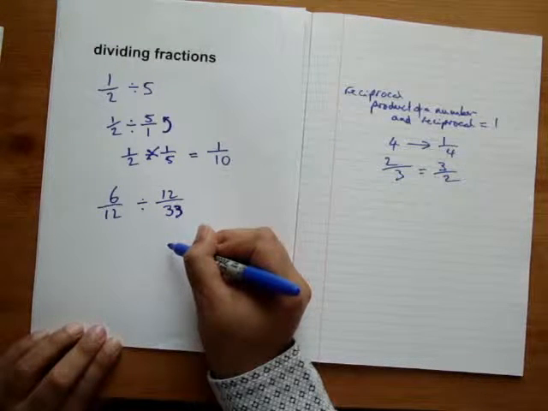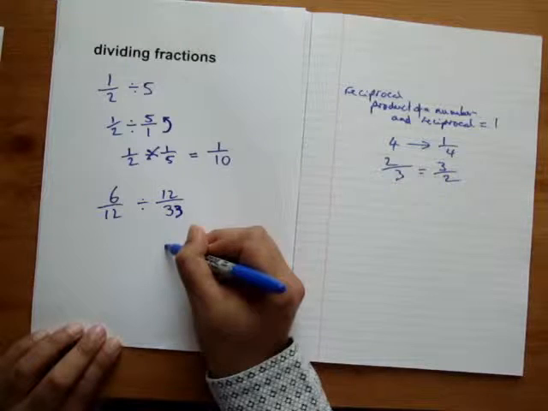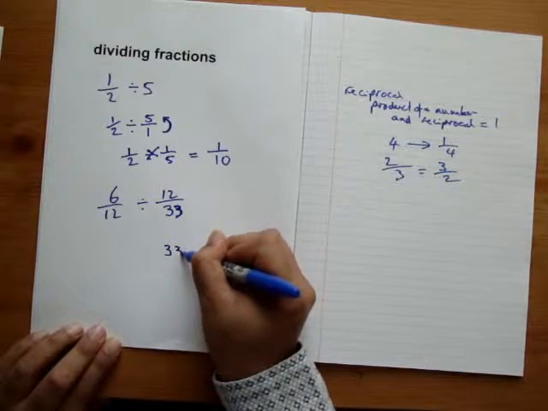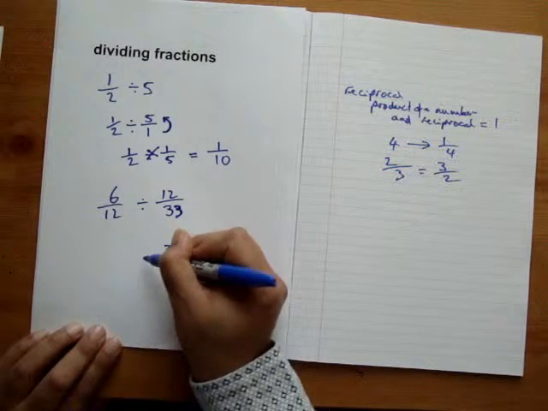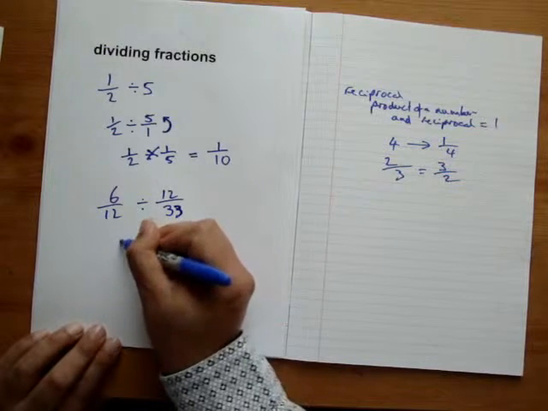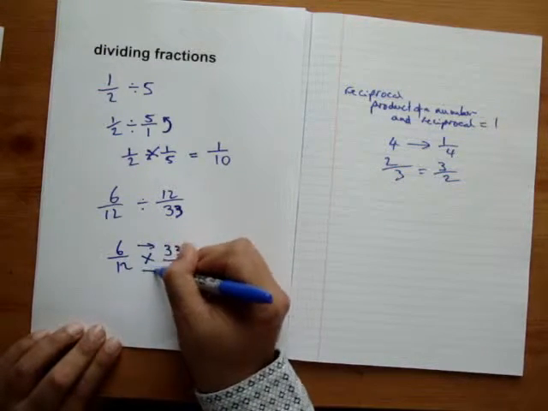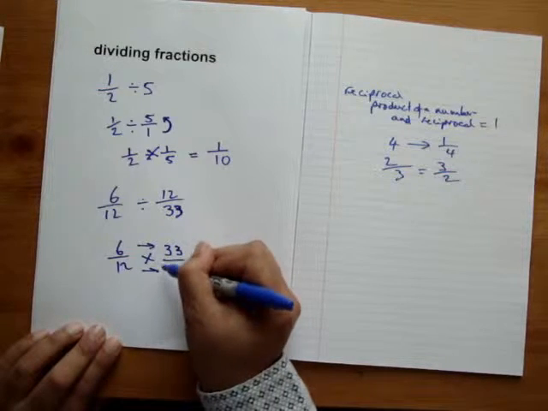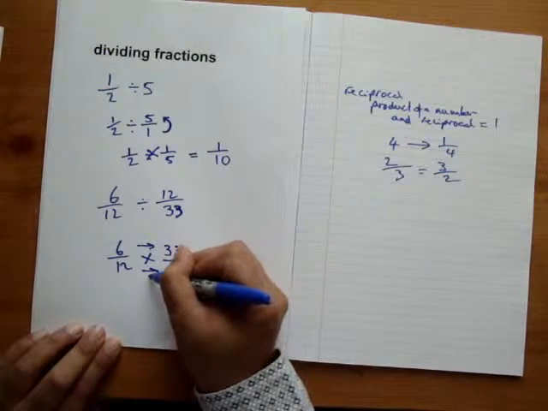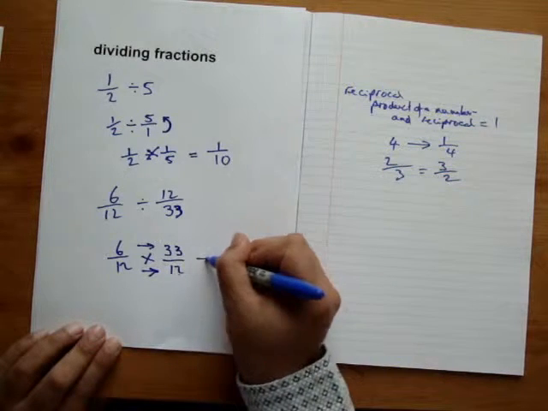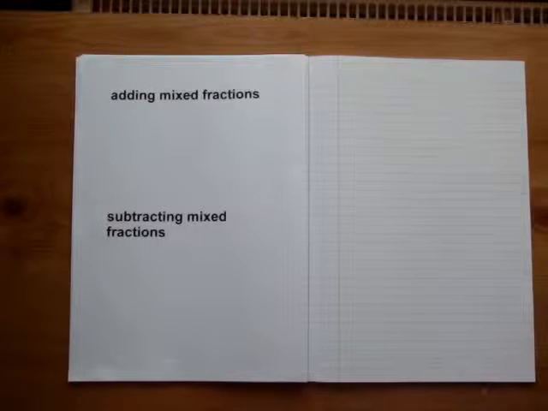So that becomes 33 over 12, and we multiply it by 6 over 12, and then we just multiply across.